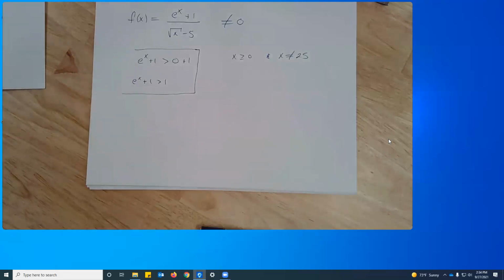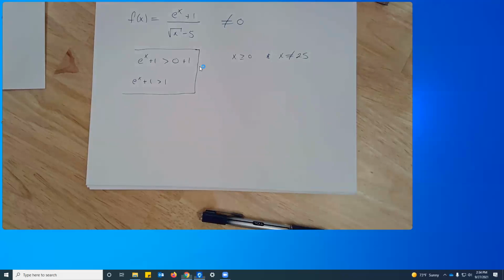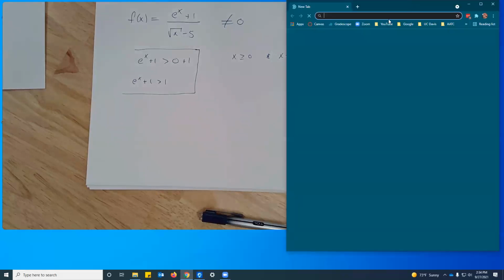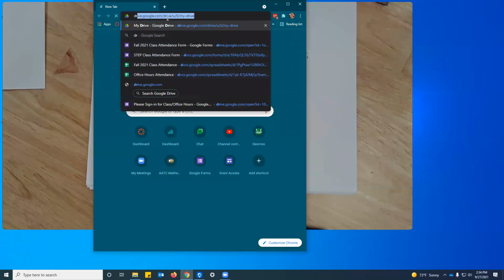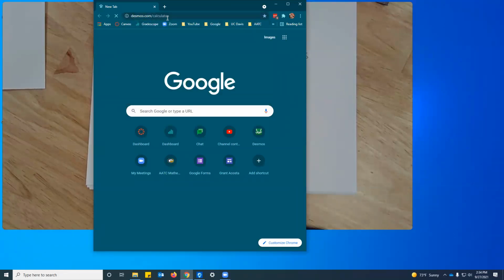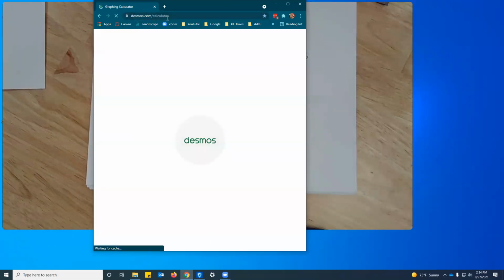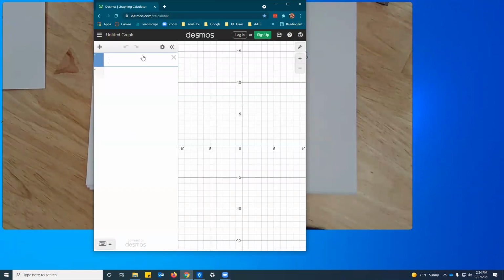So let's see what the graph looks like, because I'm curious now. I'm always curious, but you know. Let's see. So we have f of x equals e to the x plus 1 divided by the square root of x minus 5.